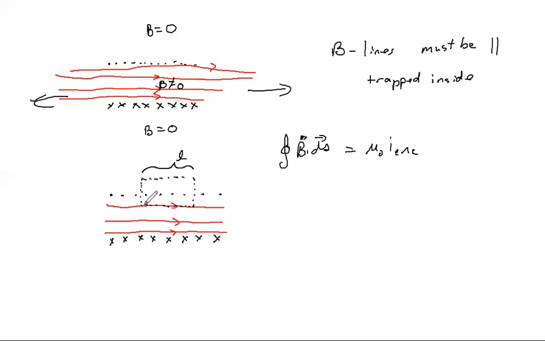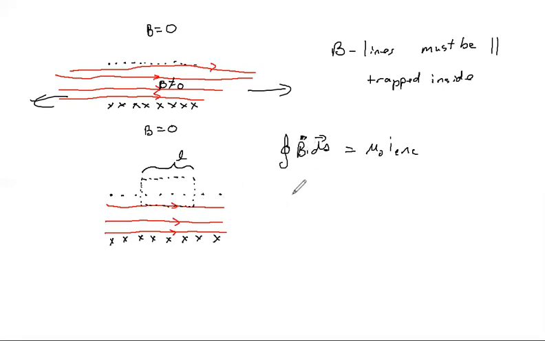Now, when we do this integral, there's going to be some contribution here because B and ds point in the same direction. On the two sides, the magnetic field and the arc length vector are perpendicular, so their dot product gives 0. So you get no contribution from the sides, and of course no contribution from the outside because there's no magnetic field on the outside. So the only place where this integral receives a contribution is right here.